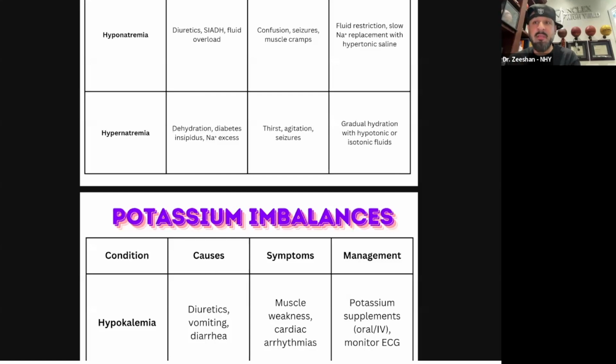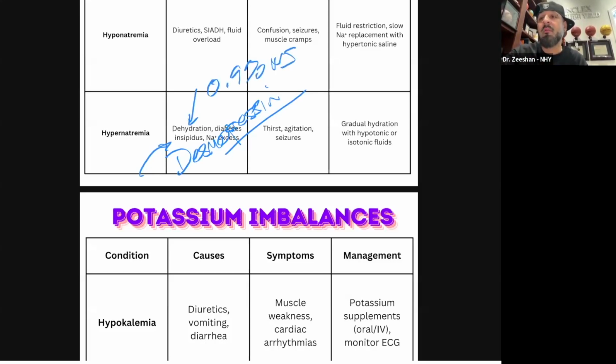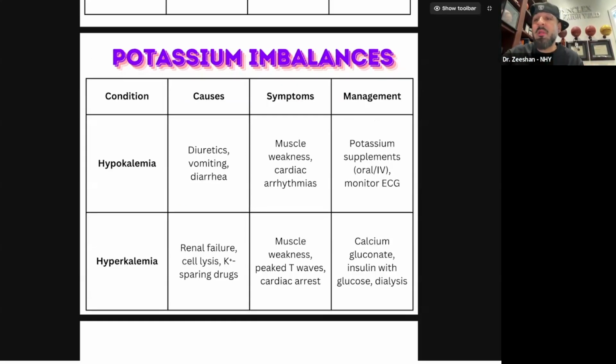And how do we give it to them? Desmopressin, right? Give them what they don't have. Dehydration, give them normal saline. Hydrate them.